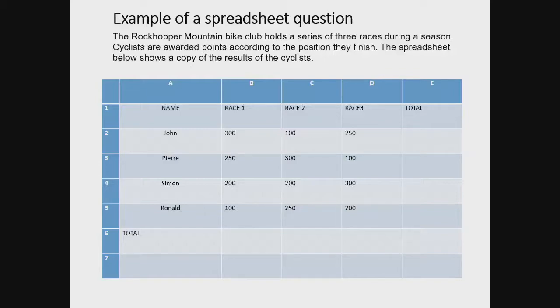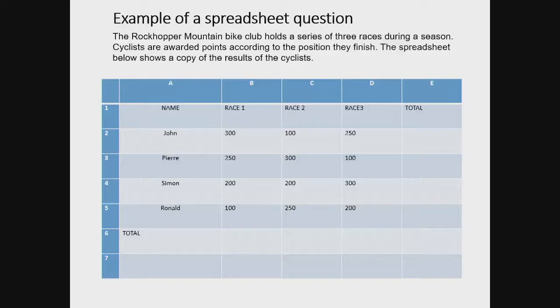I can see a value in cell B2. Cell B2, there you see 300. So cell B3, cell C2, cell D2, any cell where there is a number, that is a value.